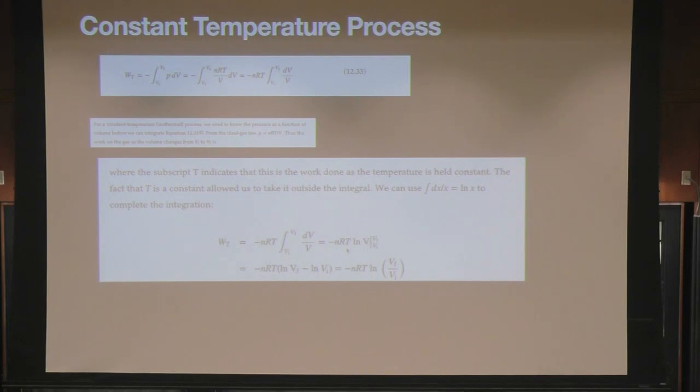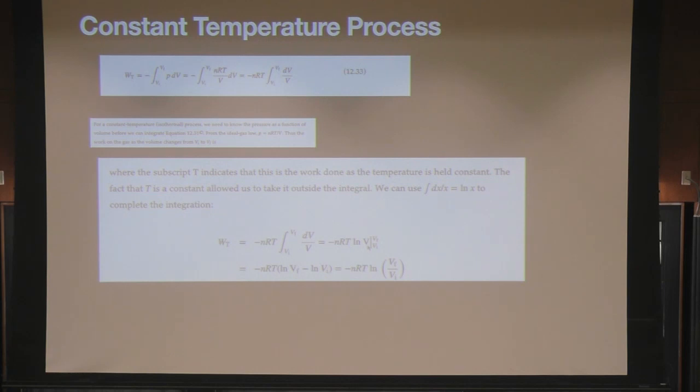So we have, for a constant temperature process, work done at constant temperature is equal to minus nRT, integral from V initial to V final, natural log of V. And then we have to take that integral between the limits.